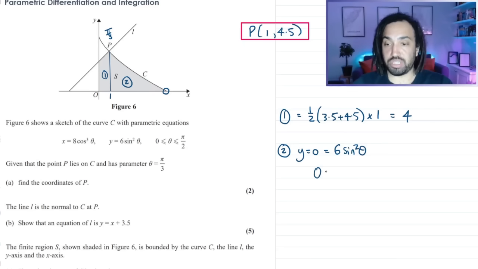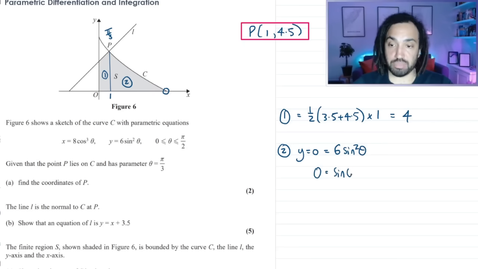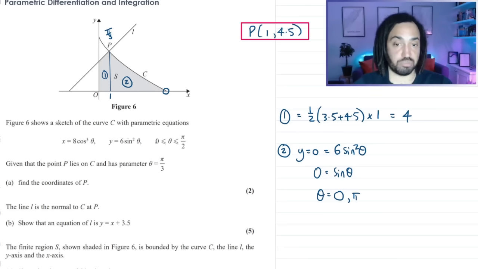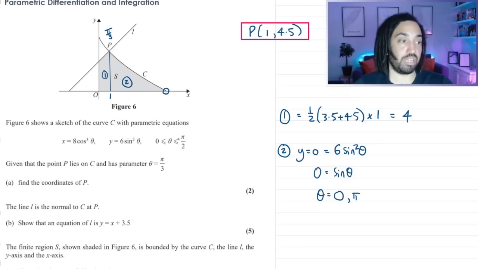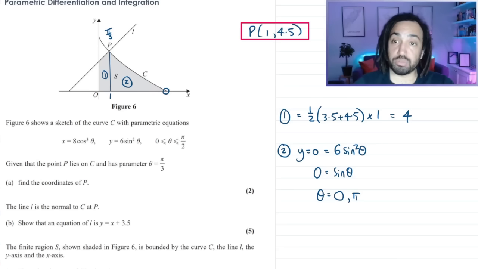So that means that 0 is equal to sine theta, which means that theta is equal to 0 or pi, but it can't be equal to pi because the range is just between 0 and pi over 2. So the only place in the range where sine theta is 0 is when theta is 0.